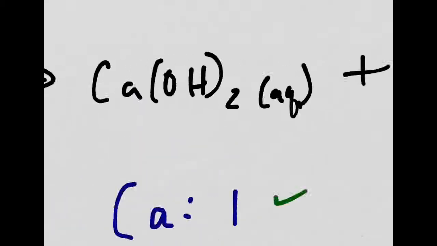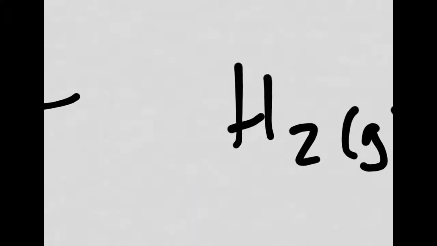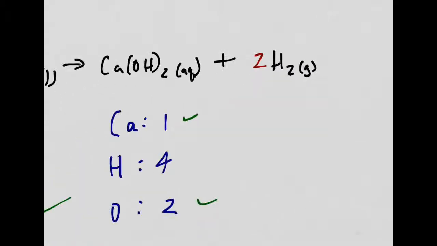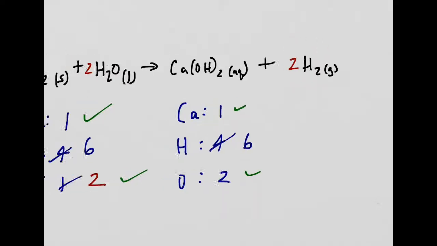So in fact, instead of changing the number of hydrogens in the compound calcium hydroxide, I'm simply going to change the number of hydrogens associated with hydrogen gas. So if I decide then to put a 2 here instead, I'm still going to have 6 hydrogens altogether, right? You're going to see I have this hydrogen times 2, which is 2, plus the 4, 2 times 2 here, so this gives me a total of 6 hydrogens.